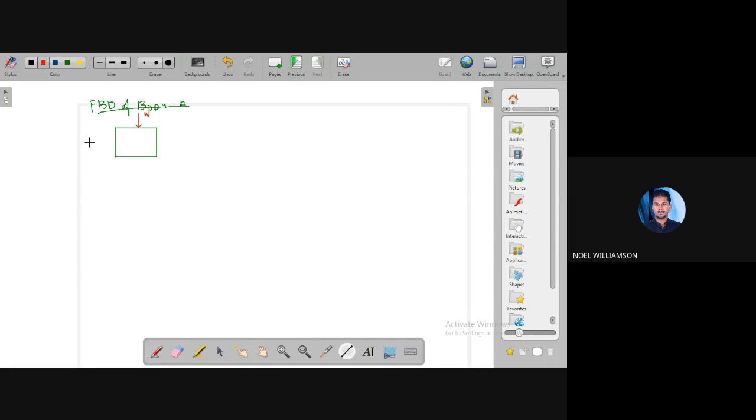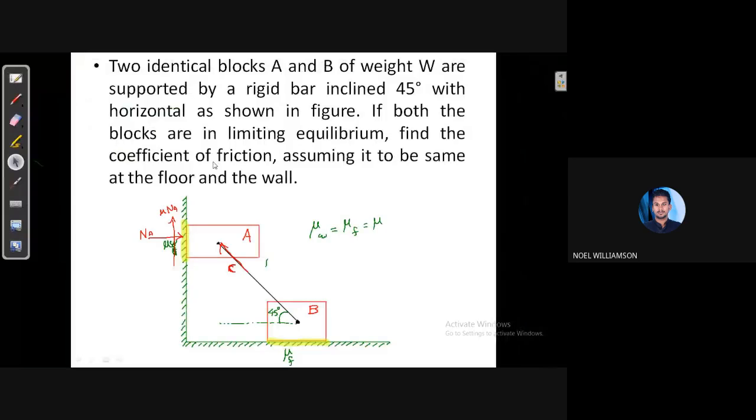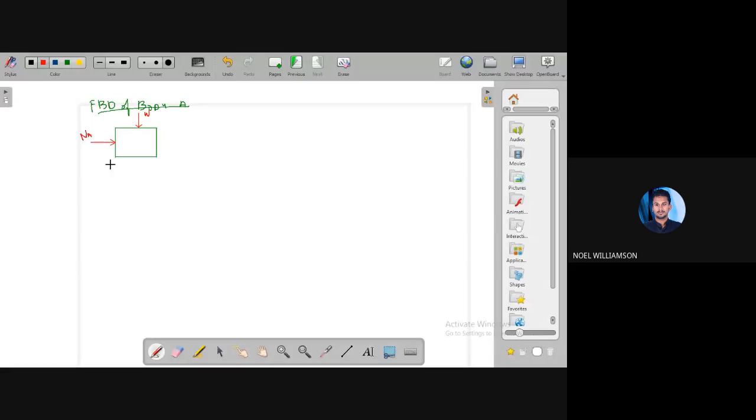That is the normal reaction, which is NA, and the frictional force, that is frictional force is mu into NA. Frictional force is acting in this particular direction, it is mu into NA acting like this.